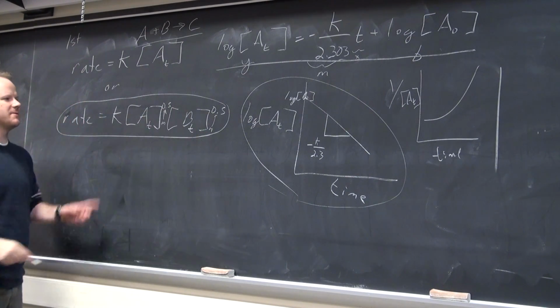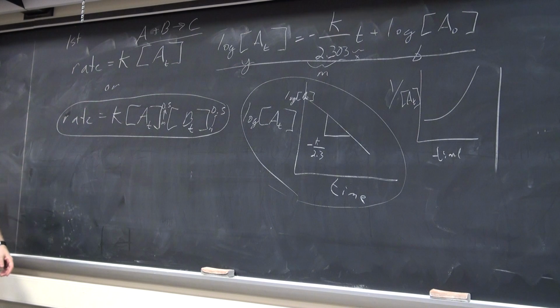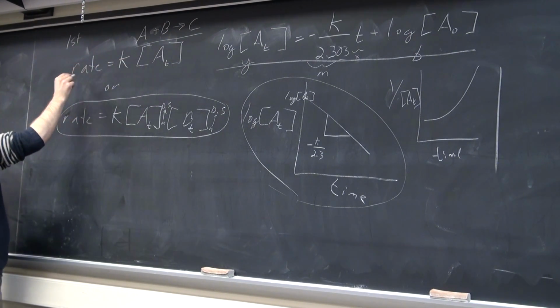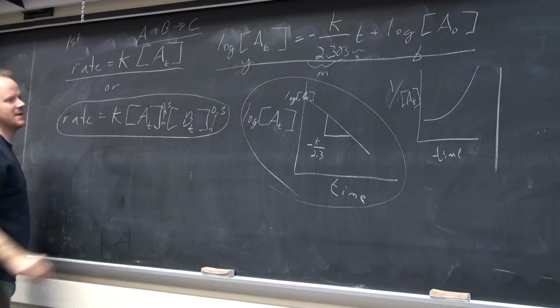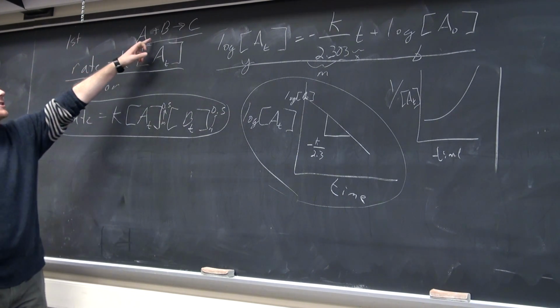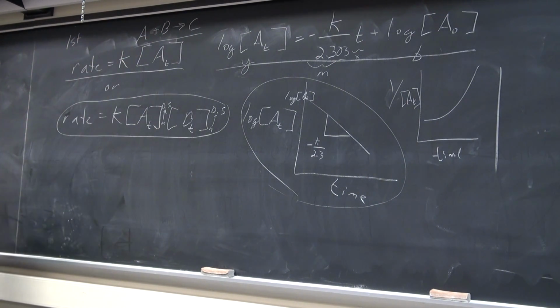But this one is more difficult to analyze than this right here. Okay, the rate up there doesn't tell you anything about B at all? Wouldn't B have the same rate as A? Oh, this is a good question. If the rate law is first order in A for this reaction, what's the rate law for B?